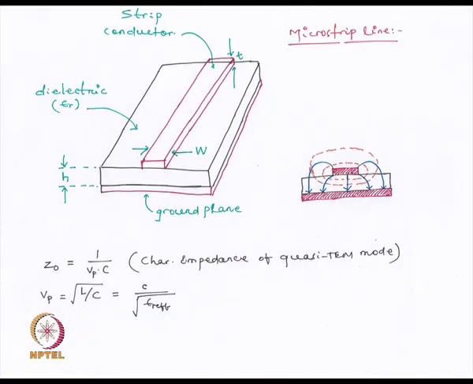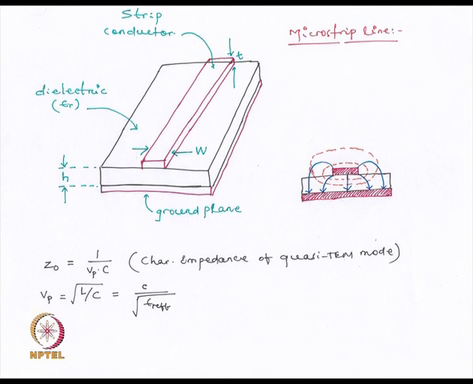Now, a microstrip matching network is an example of a transmission line where the Z0 and Vp are given like this. Microstrips are often used for implementing these matching networks.